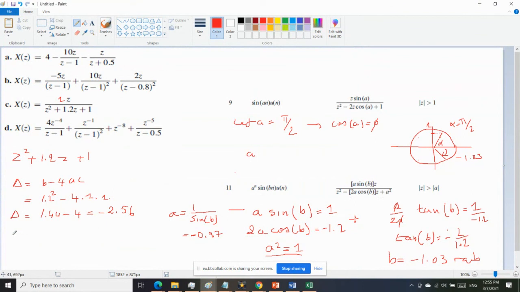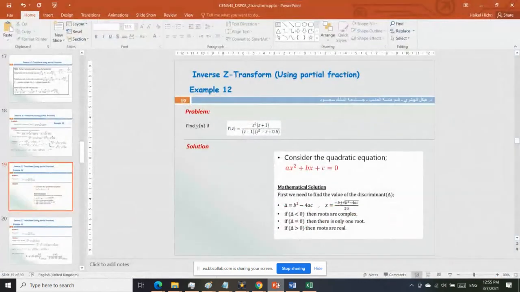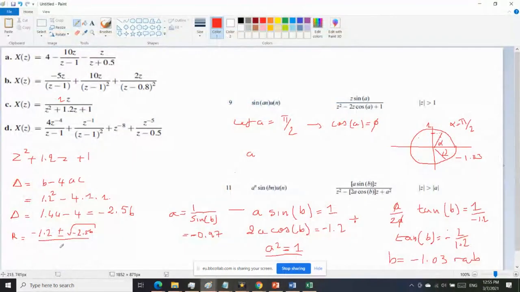So the roots are minus B, minus 1.2, plus or minus the square root of minus 2.56, over 2A, and 2A is 2.